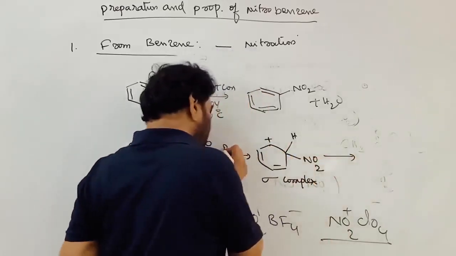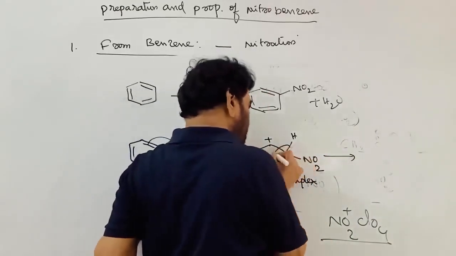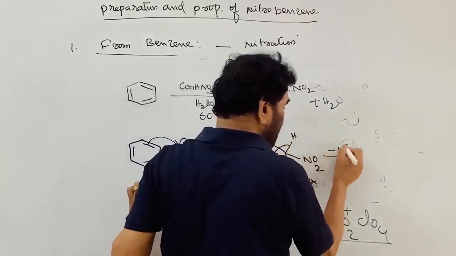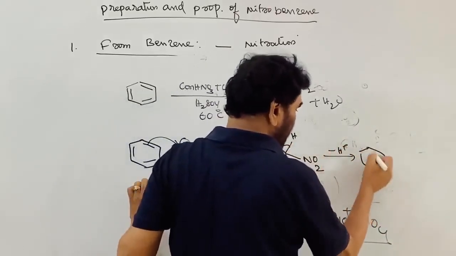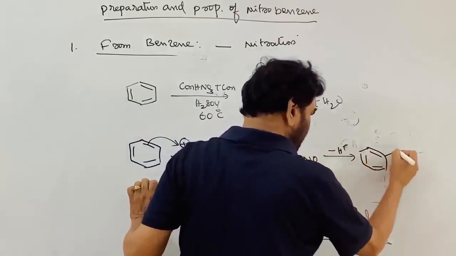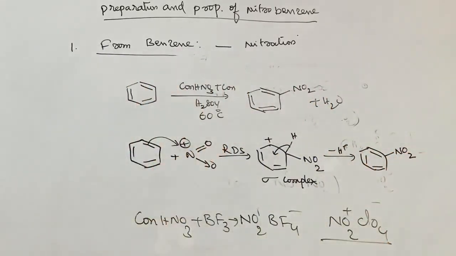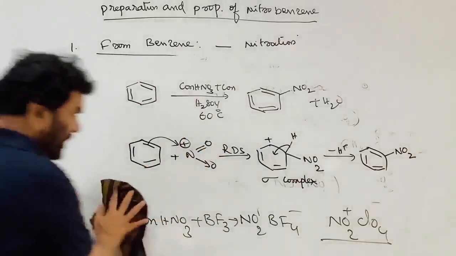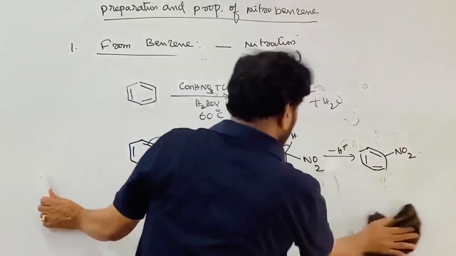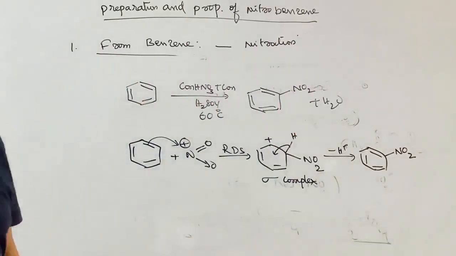This is the rate-determining step of the reaction. Then, minus H+, aromaticity is restored. Substitution takes place at the sp2 carbon. So nitrobenzene is formed at 60 degrees Celsius.